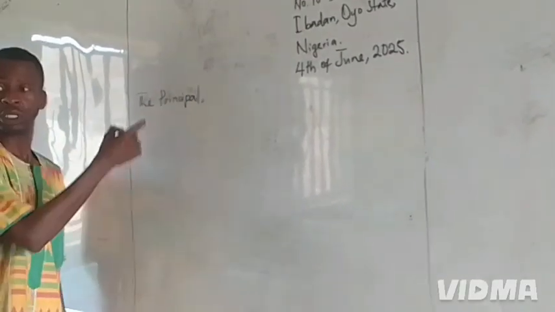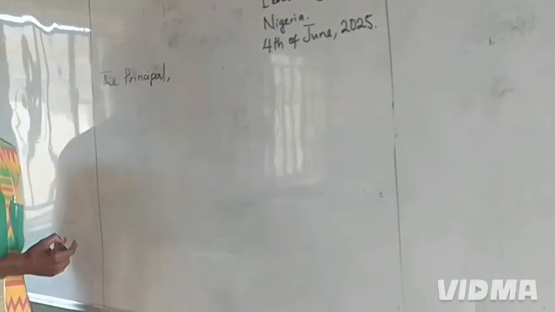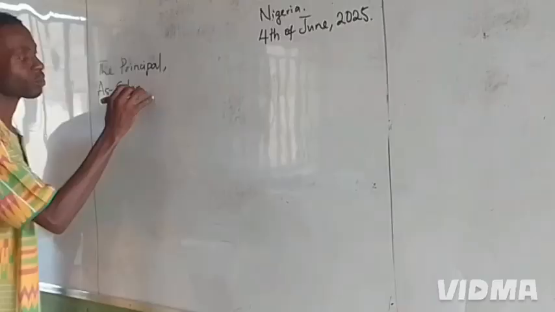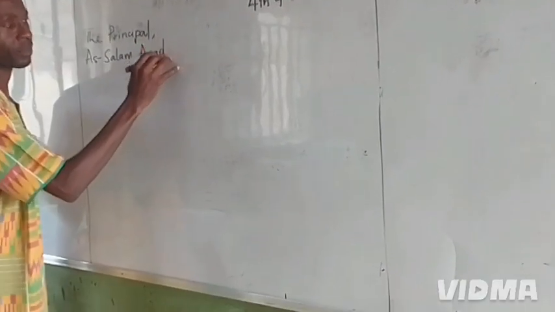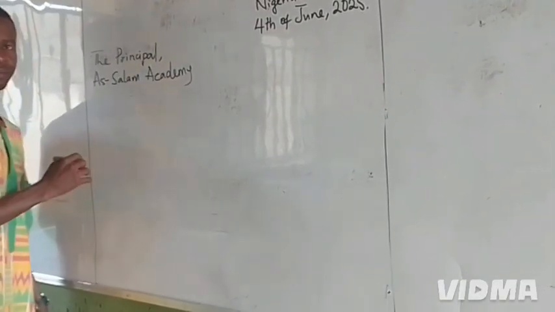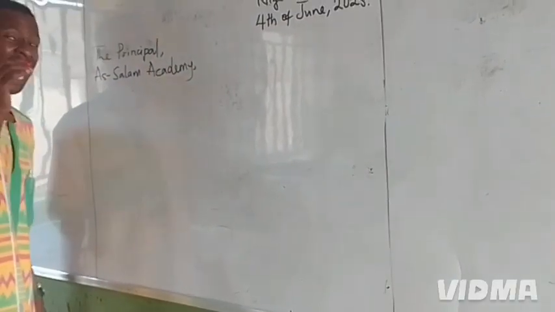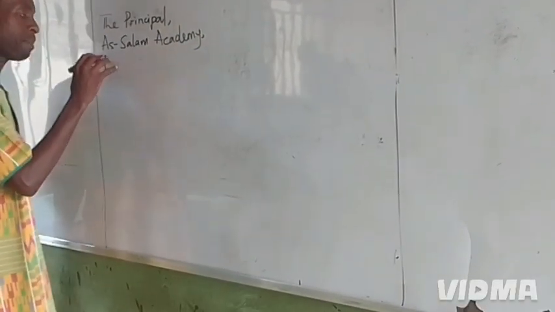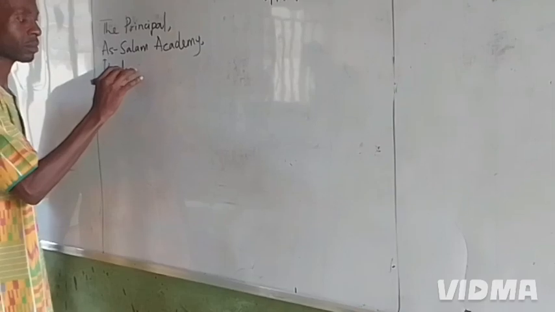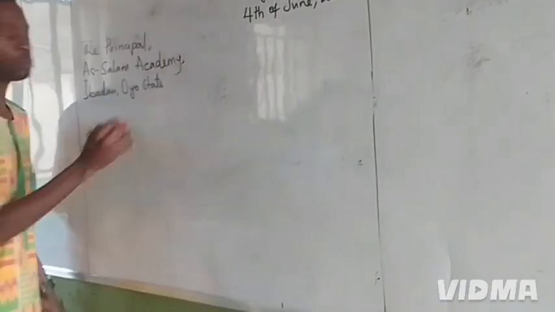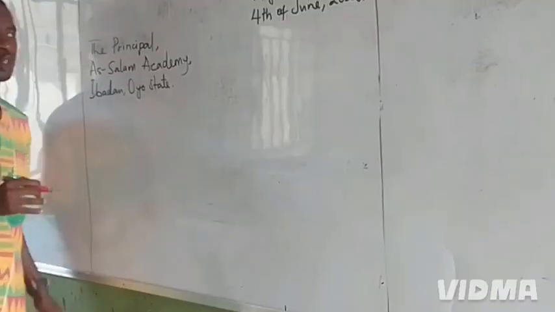If it is a school, the principal, comma, and then the school as Salam Academy. Are you seeing that? That's a school. Then you put another comma, the address of the school, Ibadan, or your state. At the end of your address, put a period or a full stop.